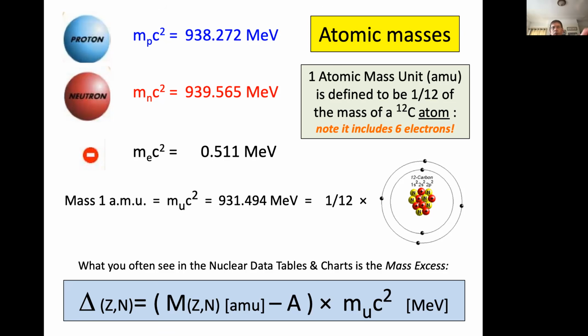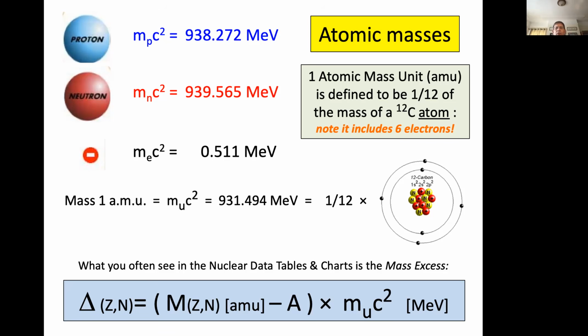Atom meaning not only the nucleus, but the 6 light electrons around it, which add about another 3.6 or 3.3 MeV of mass to it.